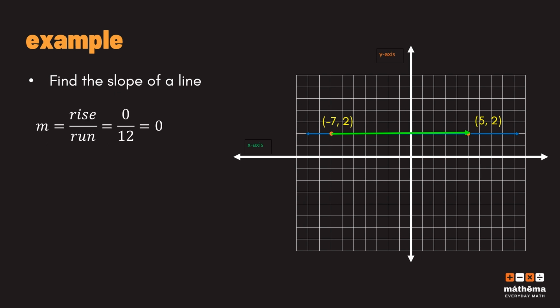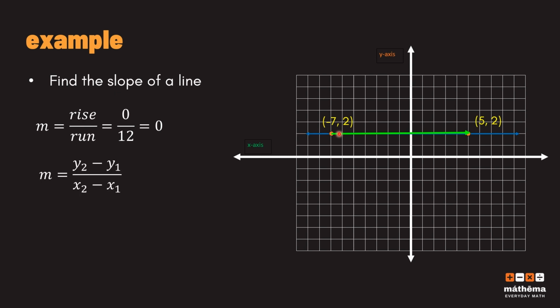As you can see here, our rise is 0, of course, and then our run is 12. So let's try to count. 1, 2, 3, 4, 5, 6, 7, 8, 9, 10, 11, 12. So our run is 12. 0 over 12 is simply 0. Therefore, the slope of this line here is 0.